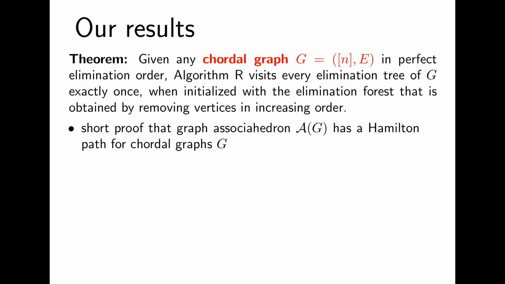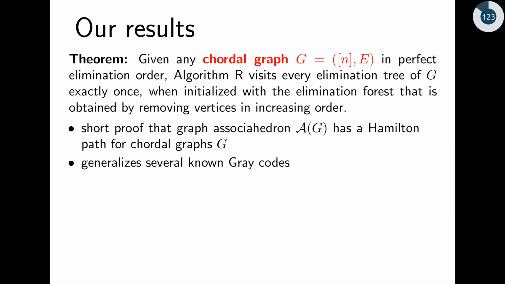If it's chordal, we can run our algorithm. It produces this ordering of elimination trees by tree rotations, and this corresponds to a Hamilton path on the graph associahedron. This Hamilton path, in some cases, happens to be a cycle. Yeah, in some lucky cases, I will talk about this later. In general, it's just a path.